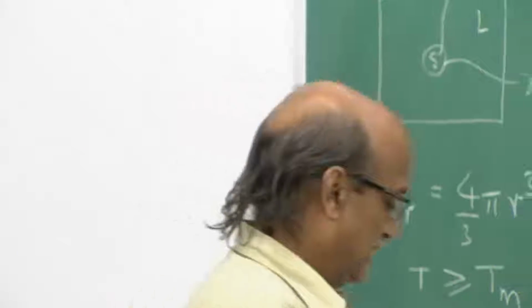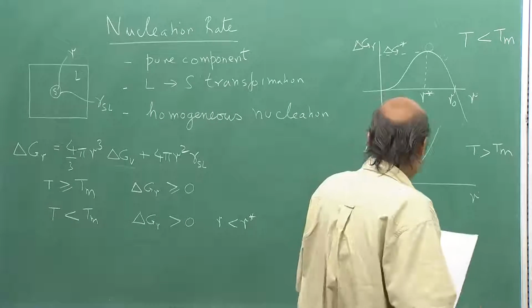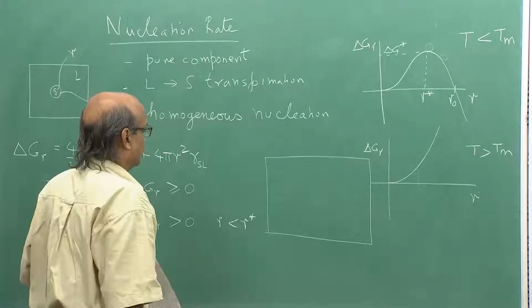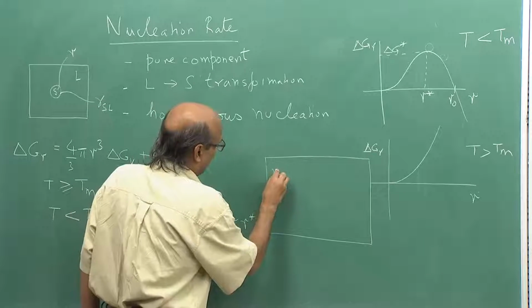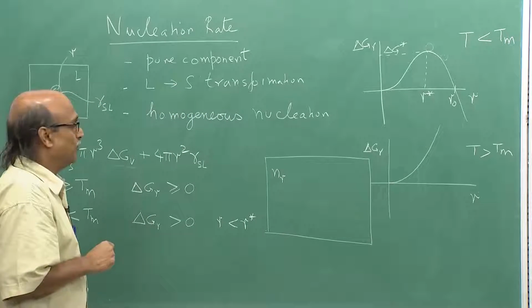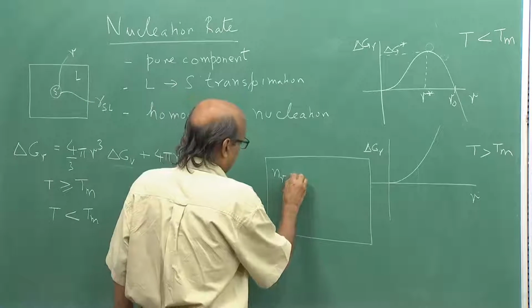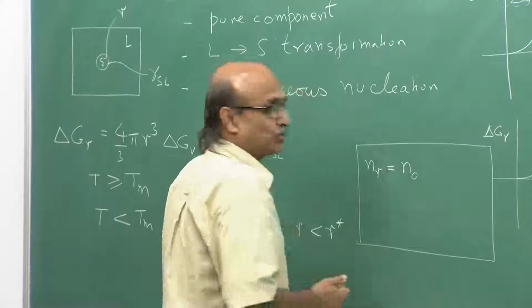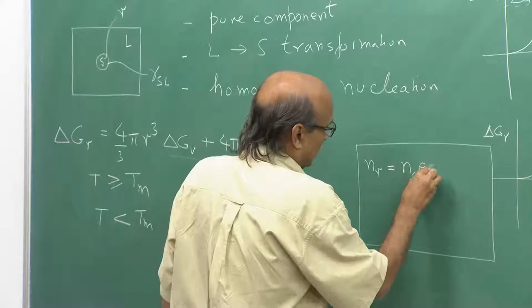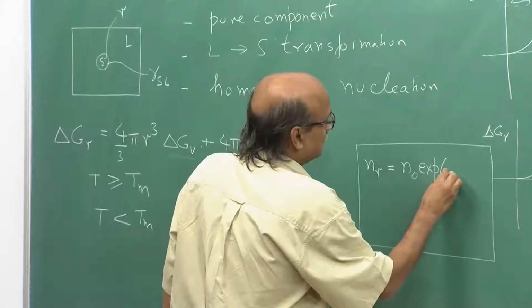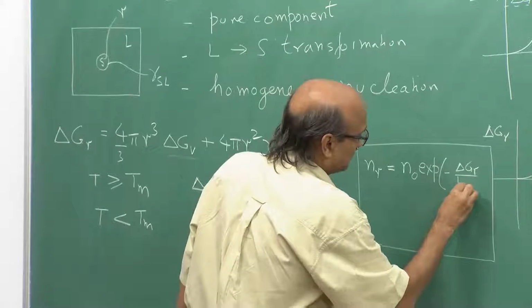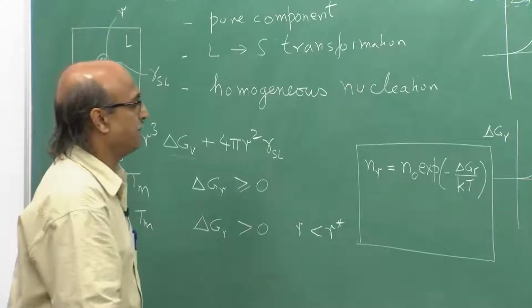This is given by the Maxwell-Boltzmann statistics, and the relationship can be written like this: the number of nuclei formed of size R, Nr, in a unit volume is given by N0, the total number of nucleating sites per unit volume, multiplied by an exponential function of delta Gr, which is exponential of minus delta Gr divided by kT.